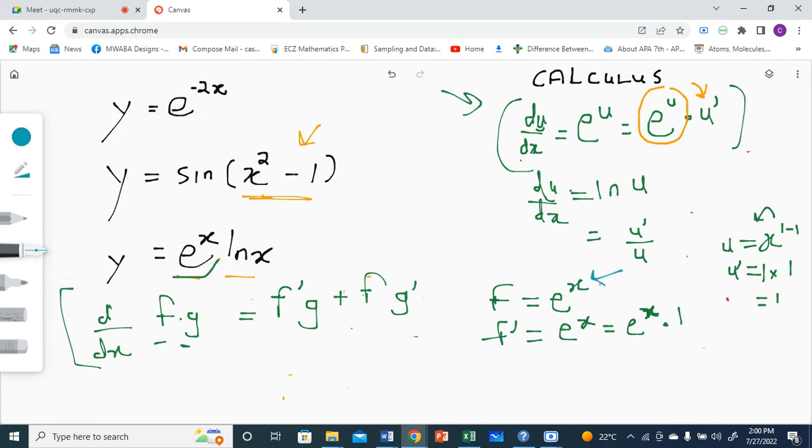The u just represents the exponent which is attached to the exponential function. So here, our u is x. When you derive x, the derivative of x is 1. So the derivative of e to the power x equals e to the power x times the derivative of x, which was 1. That's how we got e to the power x times 1.